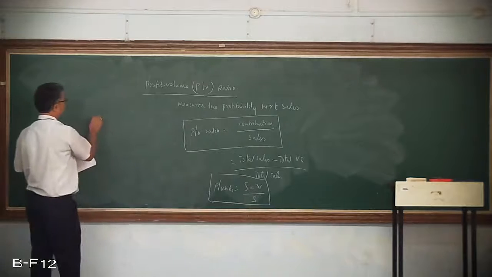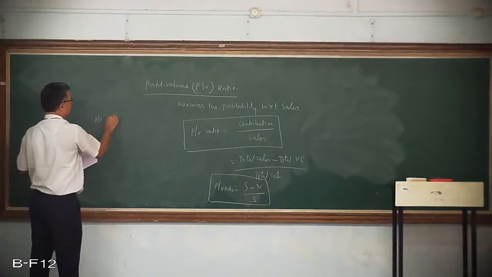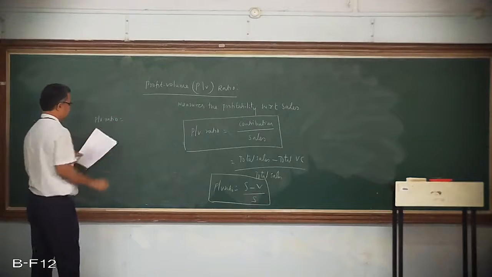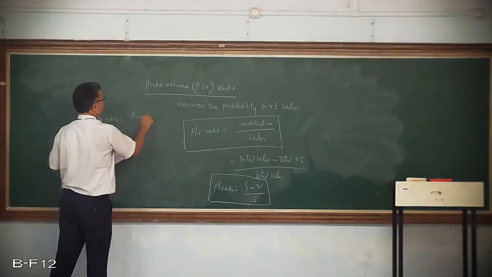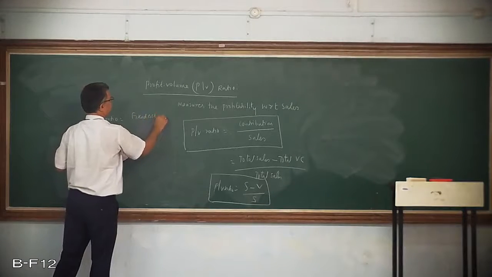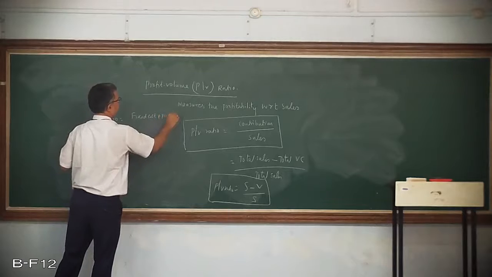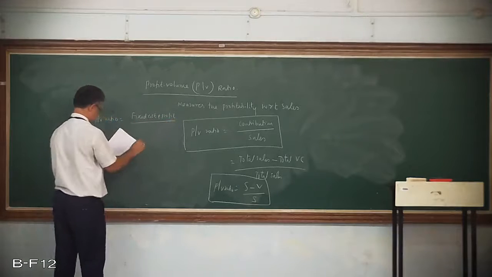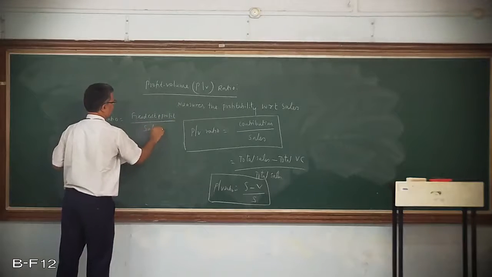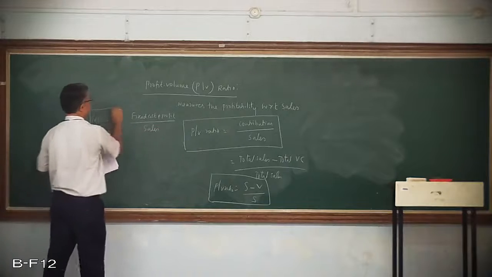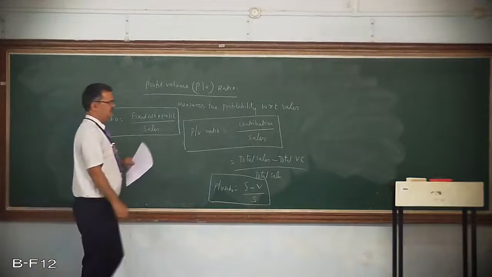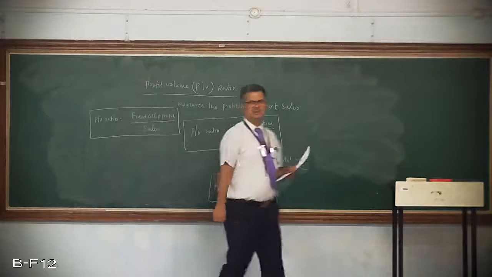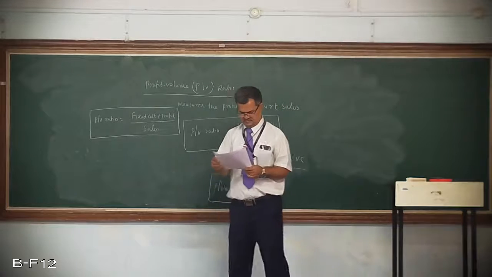Sometimes PV ratio can also be calculated as fixed cost plus profit over sales. So there are more formulas to calculate the PV ratio, because PV ratio is very important as it measures the profitability of the organization.